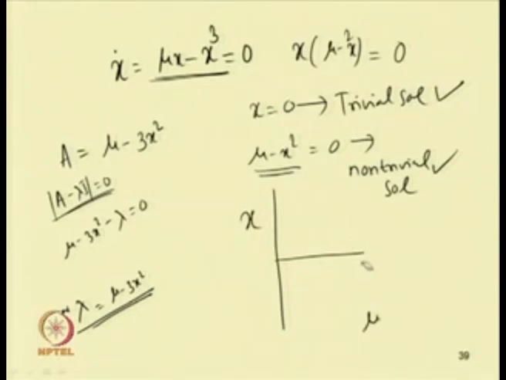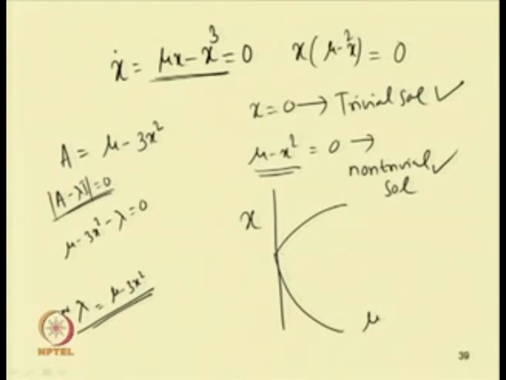Take x equal to mu, and this is the 0 line.